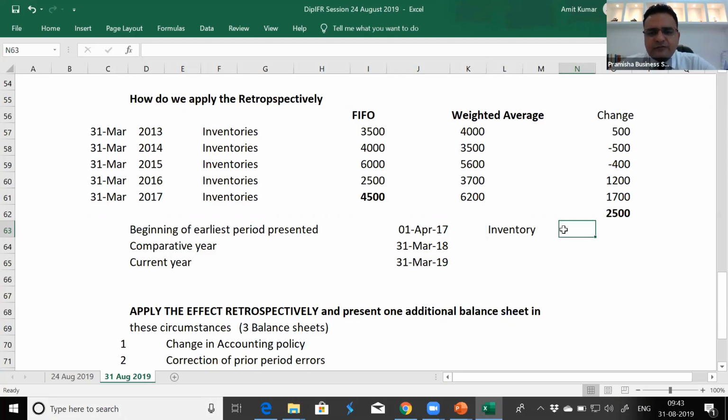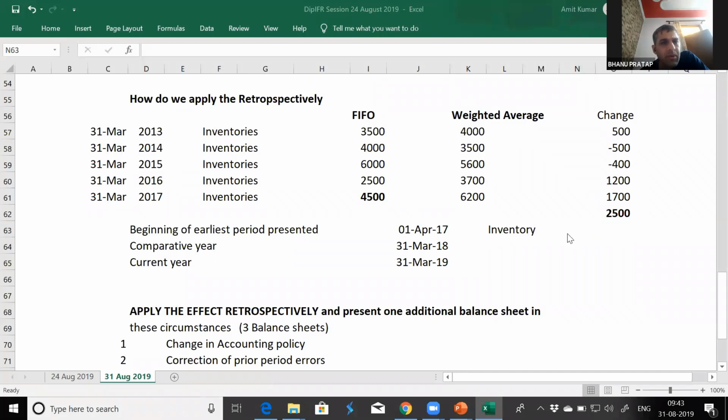What should be the value? How it is 2000?